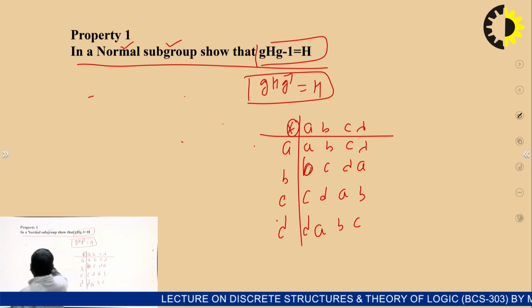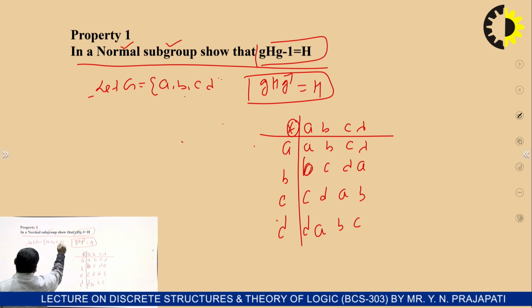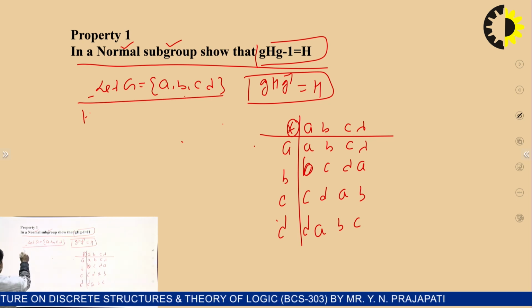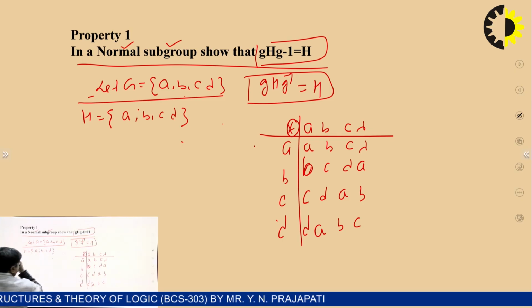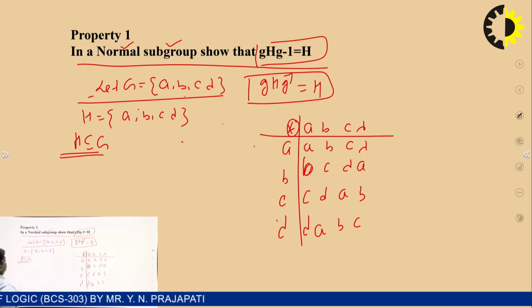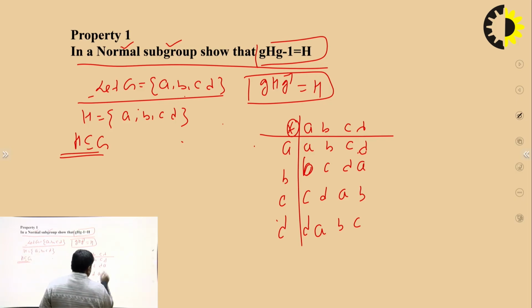Now let G be {A, B, C, D} and let H also be {A, B, C, D}, so H is a subset of G. G is a group, already given. We can check every property of the group: closure, associativity, identity and inverse.